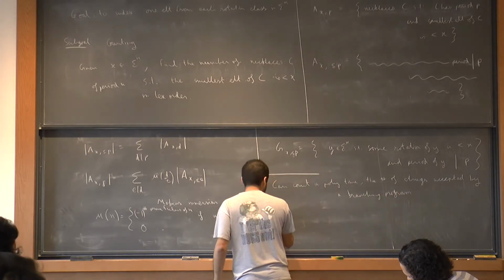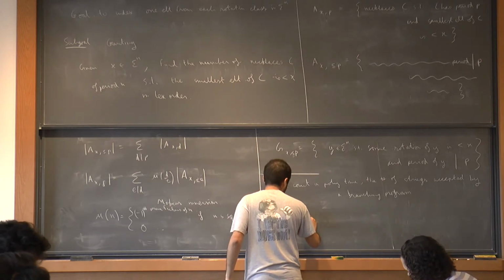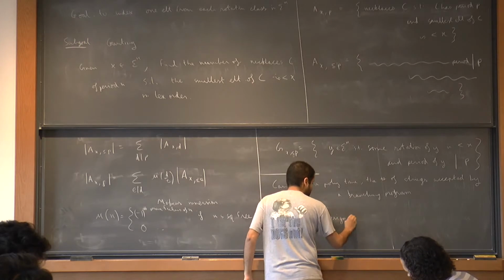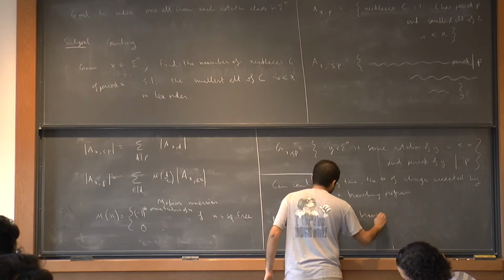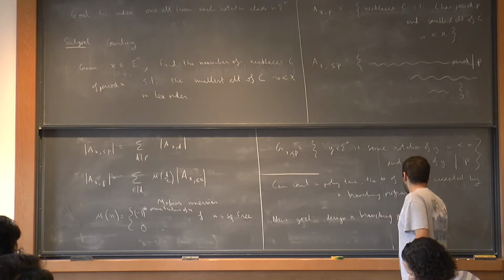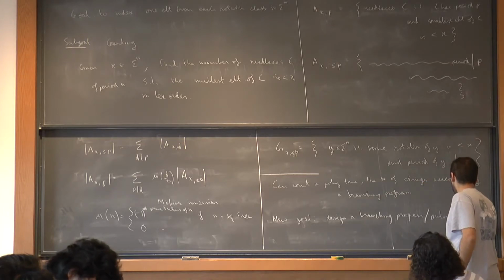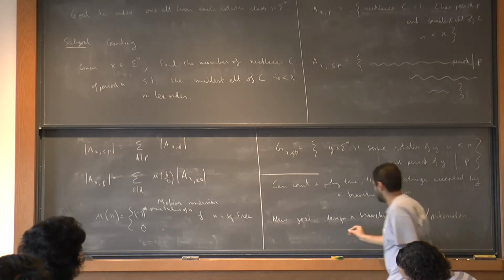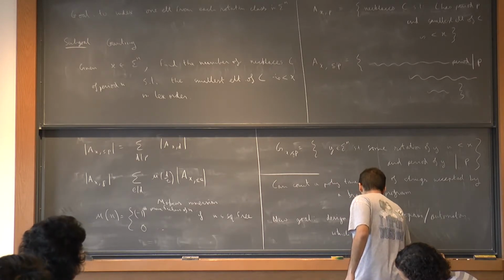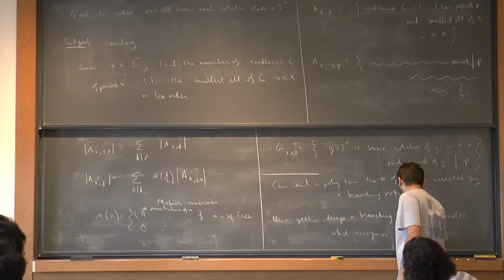The new goal is to design a branching program, which is just a finite automaton, which recognizes G_x,p.